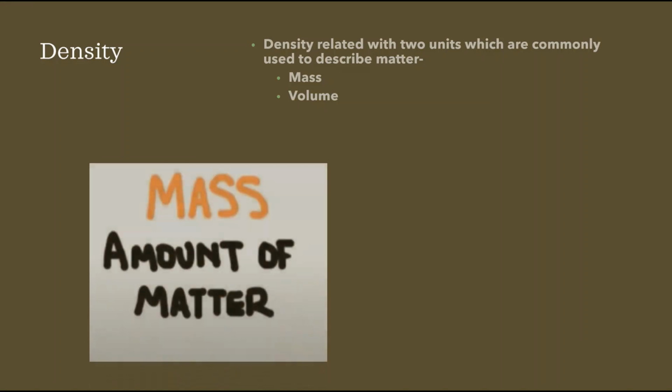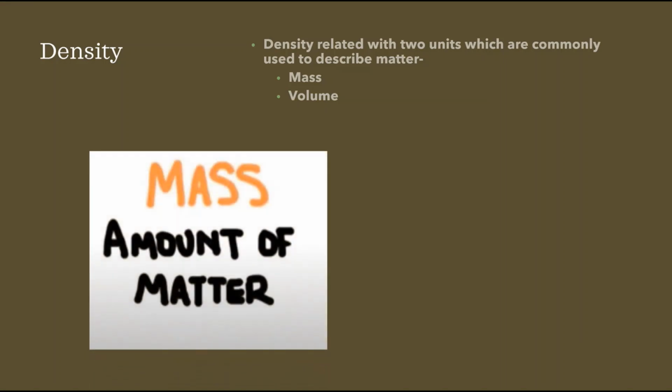So what is density? Density is related to the two quantities used to describe matter, the mass and the volume. What is mass? Mass is the amount of matter. We already know the units we use to describe mass are grams or kilograms, right?